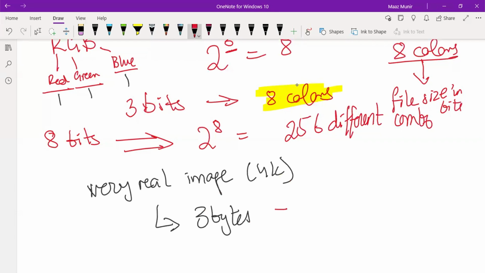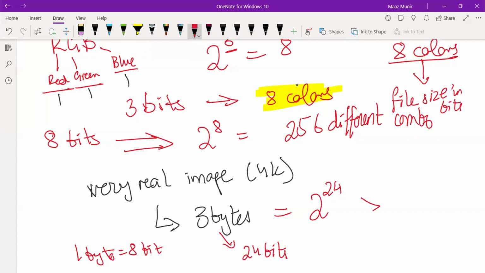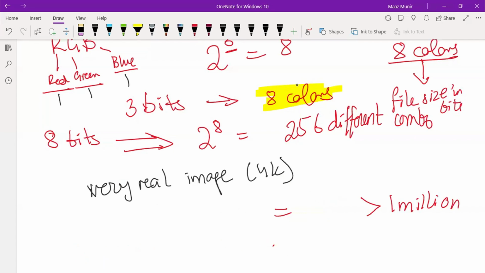And this means 2 raised to power 24, because as mentioned earlier, 1 byte has 8 bits, and so 3 bytes would have 24 bits. And so the possible colors would be 2 raised to power 24, which is a value greater than 1 million. You don't have to memorize all this, but this is for your understanding that if we have at least 3 bytes, that would be like representing a very real image.